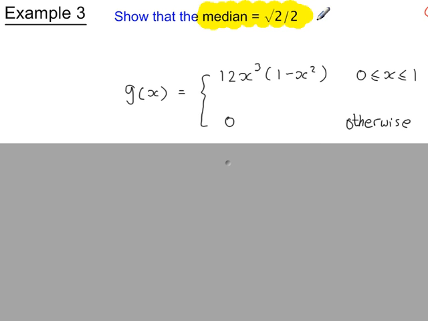So for something like this, we could start off by saying, if I integrate from my lower limit here, which is 0, up to my median, which is root 2 over 2, this probability density function, I'll just call that g of x, and we know that because this value here is the median, the area and hence the probability should be exactly a half. So if you can show that by using this value you get a half, then that value has to be the median.